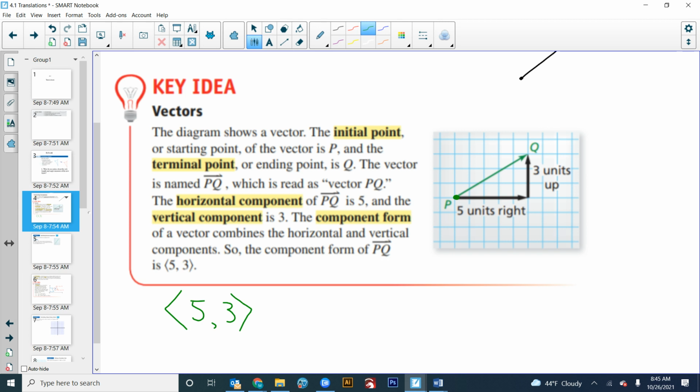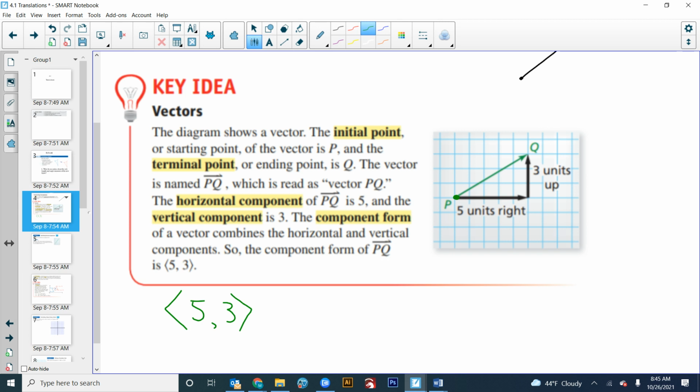A vector can be written in what's called component form. It has pointy brackets. This is a command. Are you ready? It's not saying plot a point. It's saying move 5 units to the right, it's a positive 5, and move up 3.